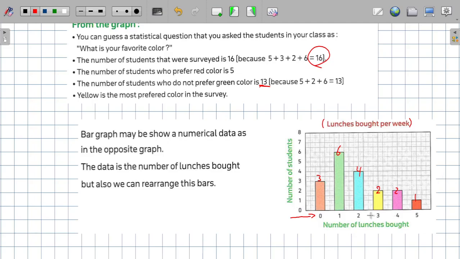We can change the order here. Okay, maybe you think that we have numbers, so I cannot arrange them, but we can say that we can rearrange them, or maybe we can change the order.